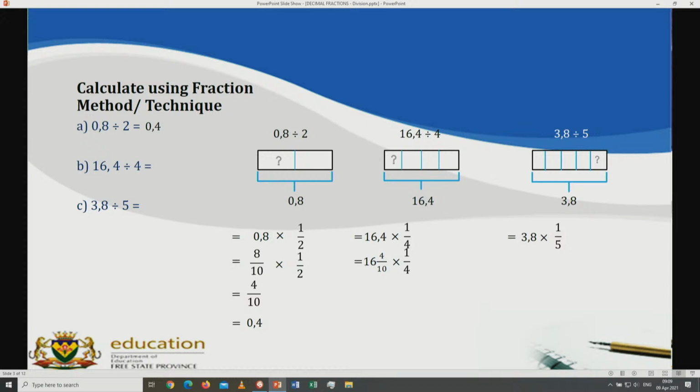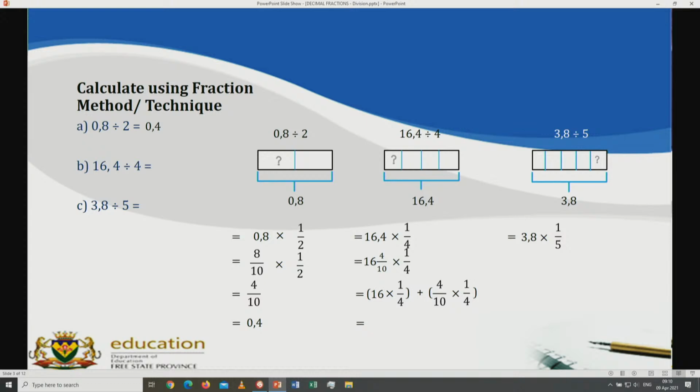So what we are going to do is multiply the units or the whole number by a quarter, as well as the 4/10 by a quarter. This is what we'll be getting: 16 multiplied by a quarter, and then, because it's 16 and 4 tenths, we say plus 4 tenths multiplied by 1 quarter.